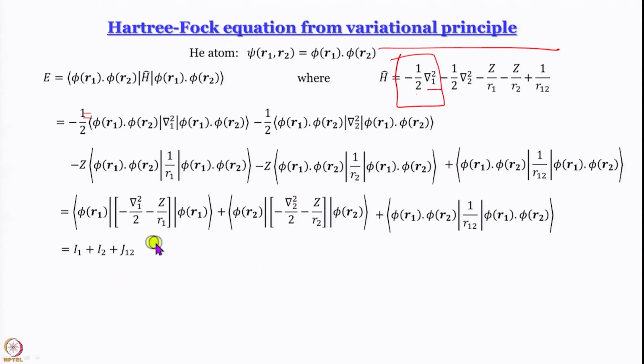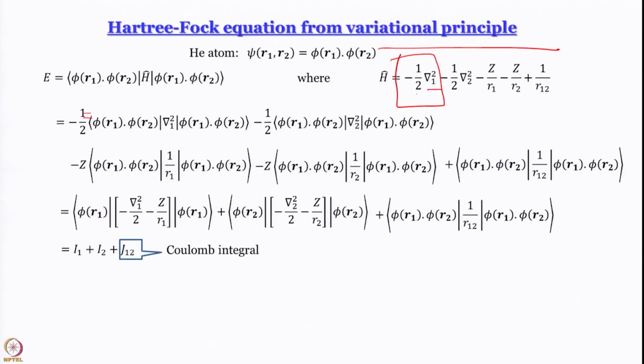This subscript means which electron coordinates this integral has contributions from. The last integral J12 is made up of coordinates of electron number 1 as well as electron number 2. So, it is called J12 and it has a name also, the name is Coulomb integral. Now, why Coulomb integral?